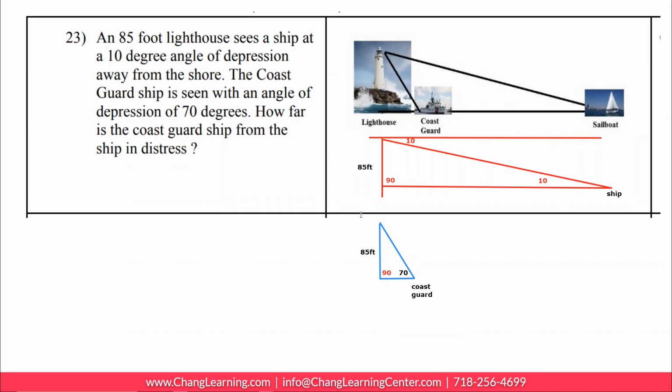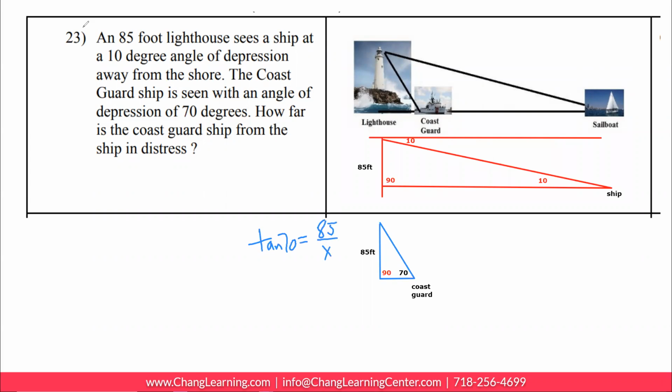So I'll grab my scientific calculator, and we have tan 70 equals 85 over x. I'm doing the second one first. The tan of 70 equals 85 over x.